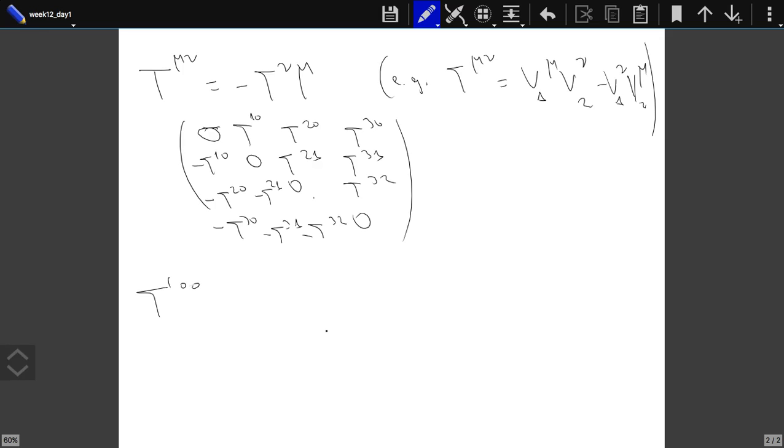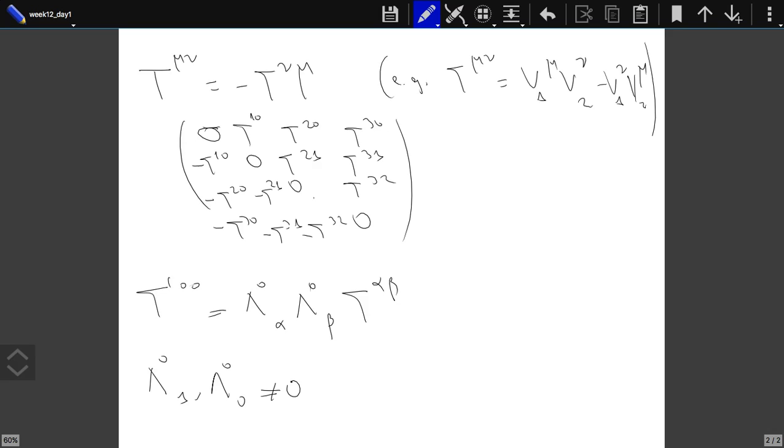Okay, now let's go back to how this tensor will transform as I go from one reference frame to the other, T prime 0, 0. This will be lambda 0 alpha, lambda 0 beta, T alpha beta. And keep in mind that lambda 0, 1 and lambda 0, 0 are non-zero, with the top indices being 0. These are the only non-zero components. All the others, if alpha or beta is 2 or 3, are 0.